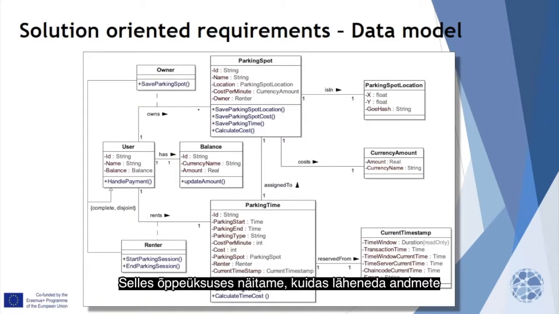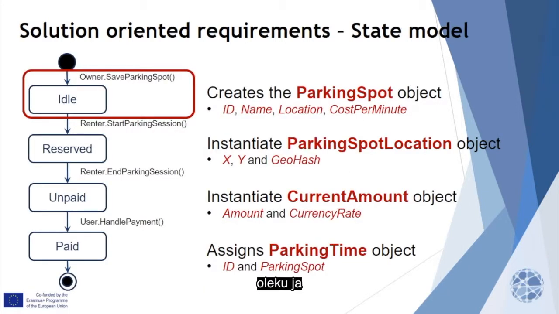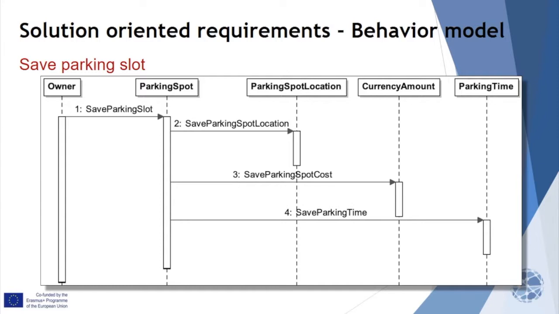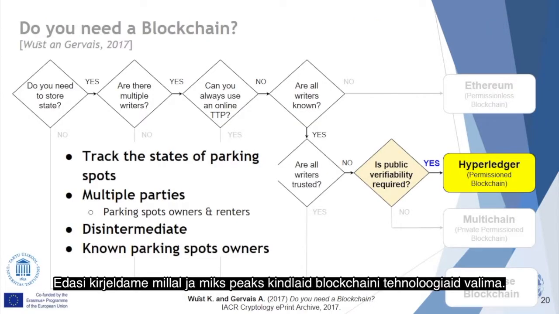In this learning unit, we illustrate how to approach analysis of the data, state and behavioral requirements. Further, we will describe when and why certain blockchain technology should be selected. For example, in the case of the parking DApp, we need to track the states of the parking spots.